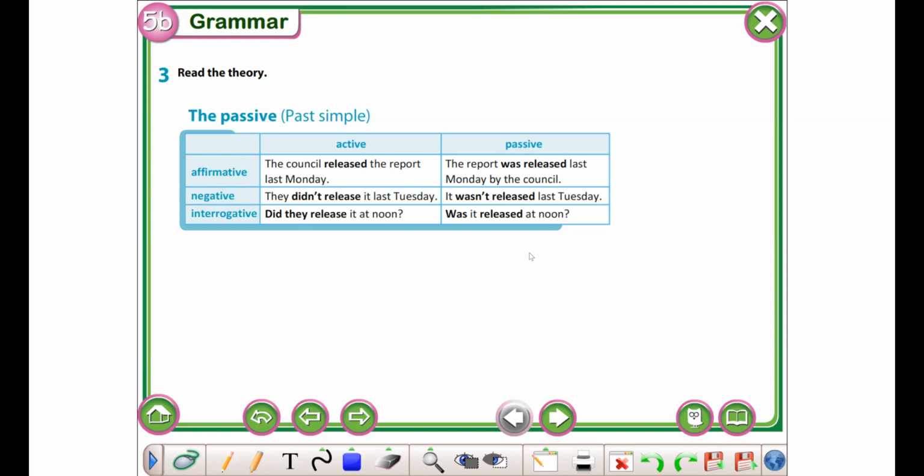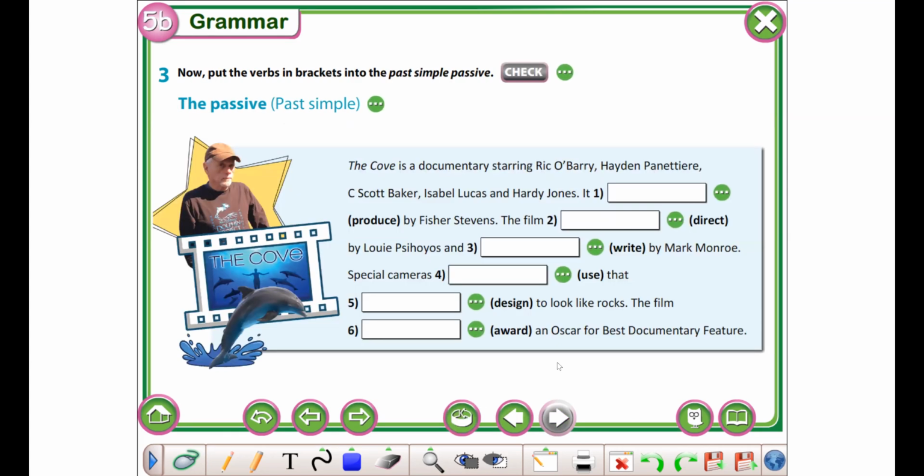Okay, so exercise 3 in the book. Look at the book. It's about a documentary starring Rick Alvary, Hayden Panettiere, Scott Baker, Isabel Lucas, and Hardy Combs. And now you have to say that somebody did it. The person who did the activity is Fisher Stevens.